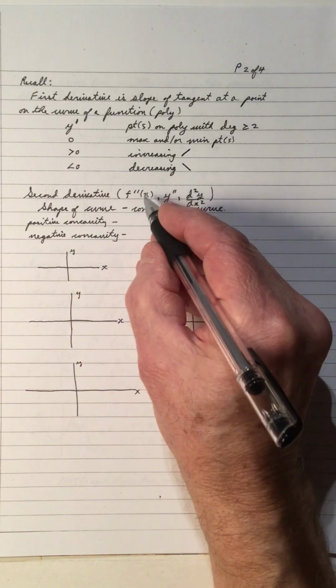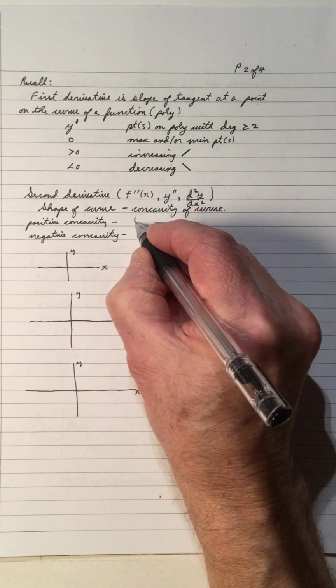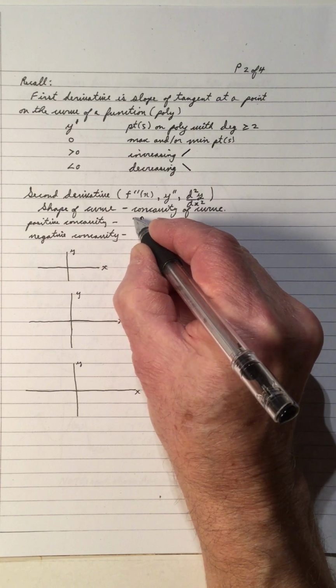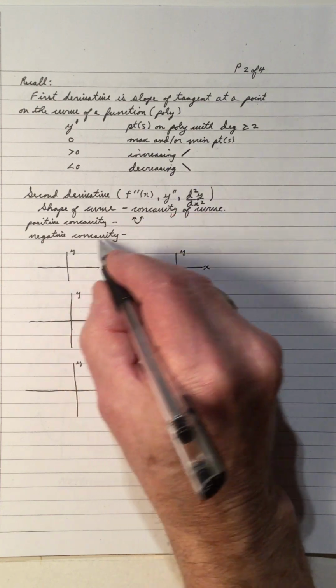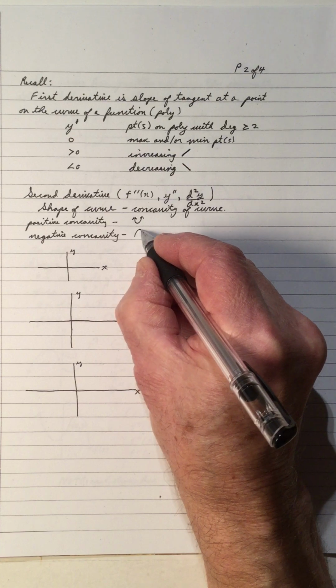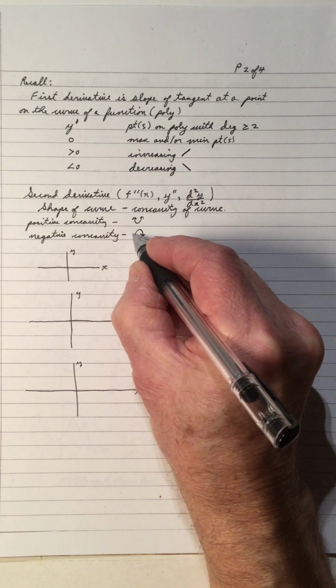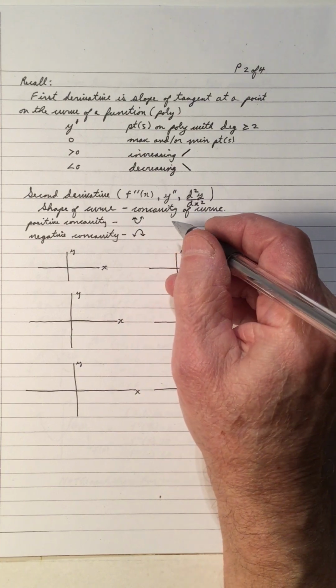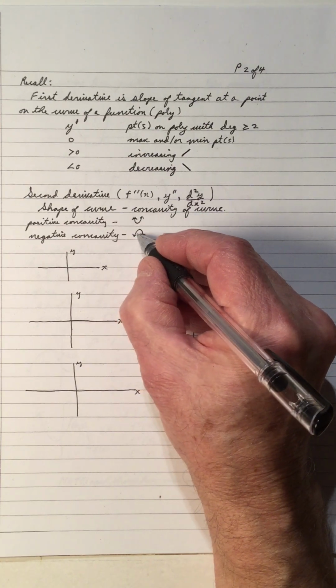Positive concavity is going upward. Think of concave upward. Negative concavity is opening downward. So the second derivative tells us about the concavity: positive upward, negative downward.